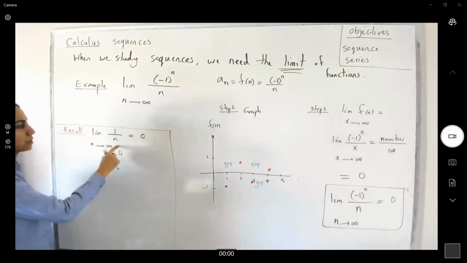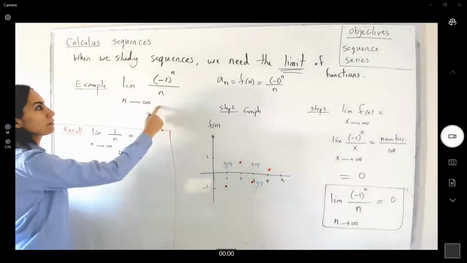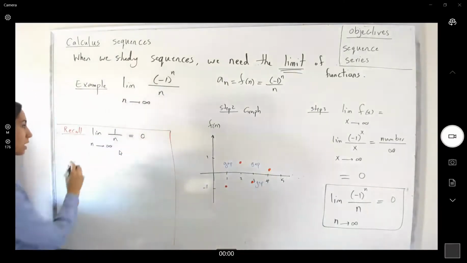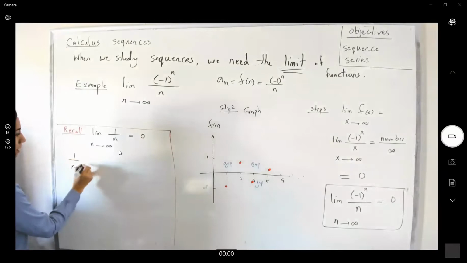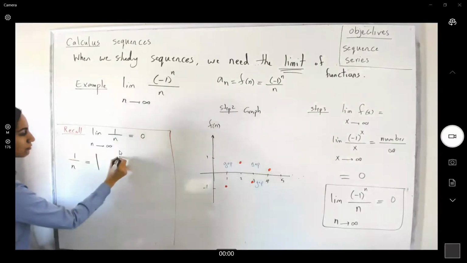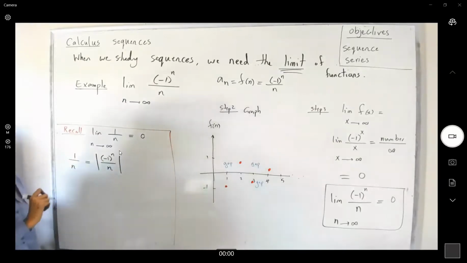So what's the relation between 1 over n and negative 1 to the power n over n? 1 over n is actually the absolute value of negative 1 to the n over n. N is positive, so the denominator stays the same. The absolute value of negative 1 is always positive.